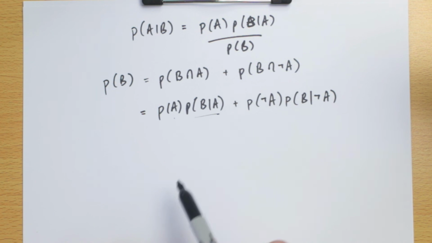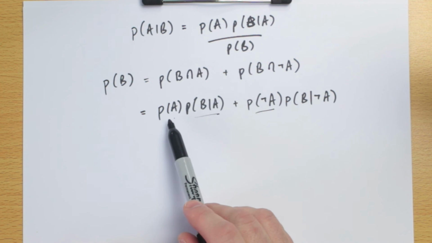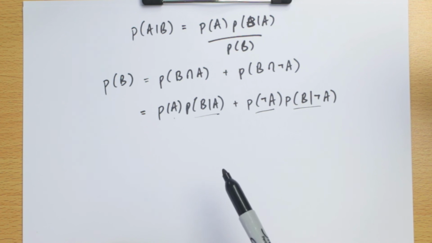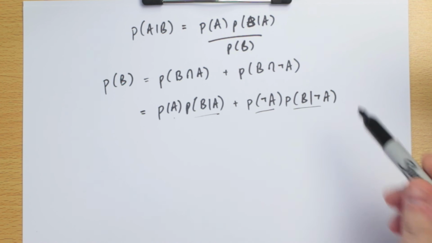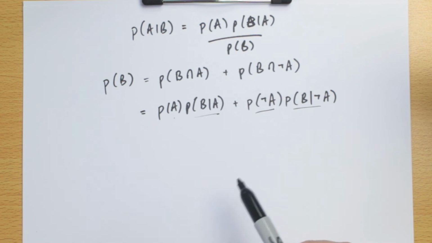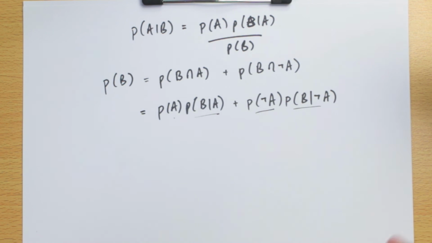And then I just need to know this precision term. The probability of not A can be calculated as 1 minus this, and then I need to know this precision term here, okay? So this is a very useful way of breaking down this probability of B into things that we might know, okay? And to give you a clue, I'm going to give you questions in the exercise class where you don't know this, but you will know enough about these different parts to be able to calculate it.